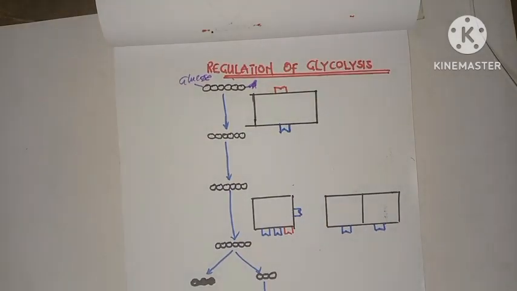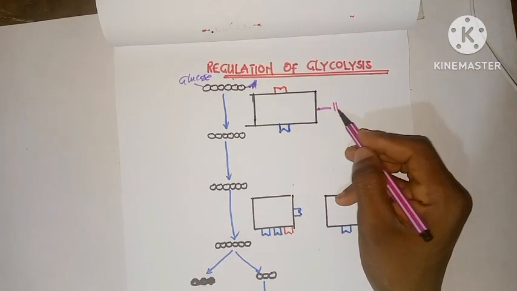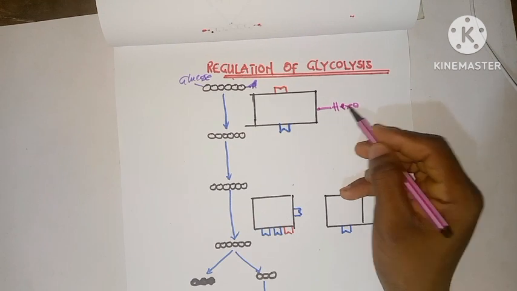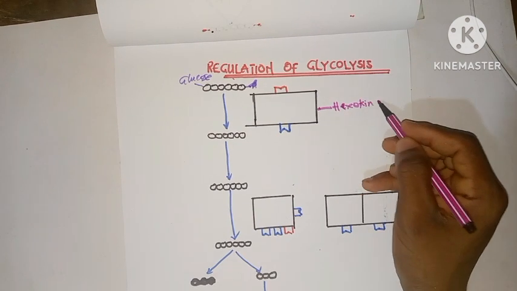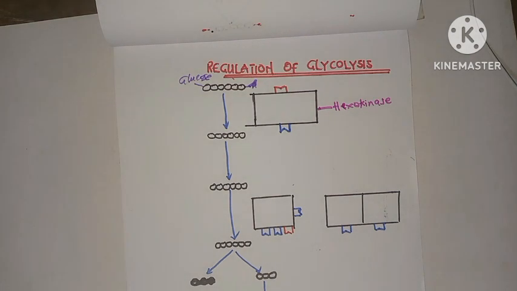Let me write it there. Hexokinase enzyme. So this hexokinase is what will convert this glucose to glucose 6 phosphate.